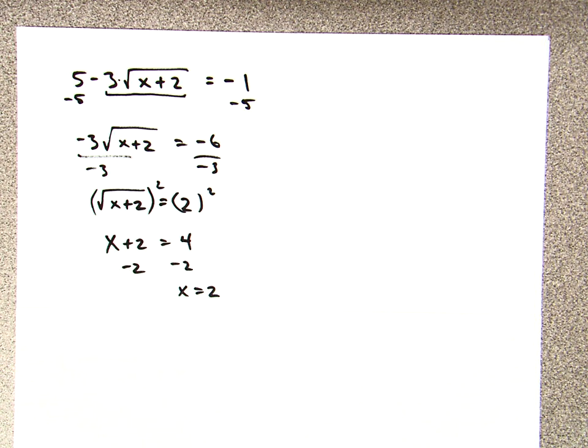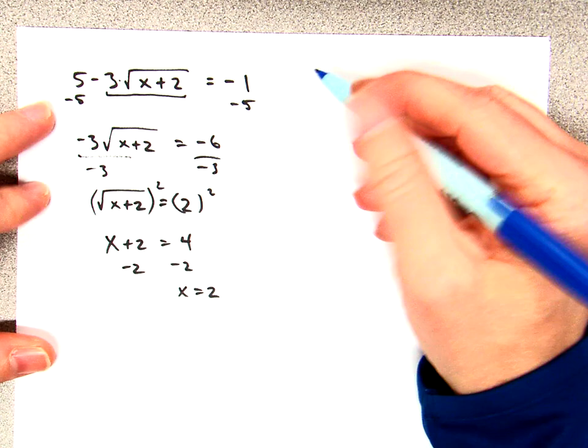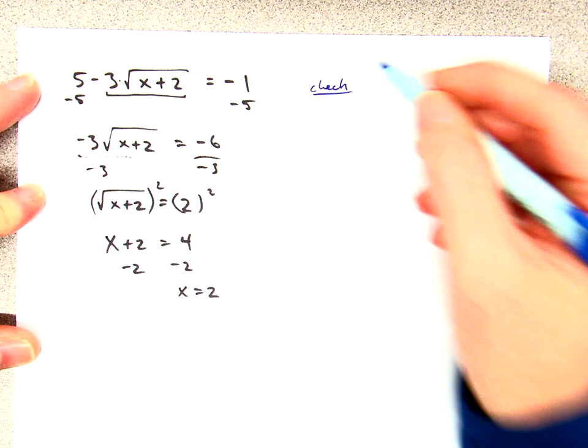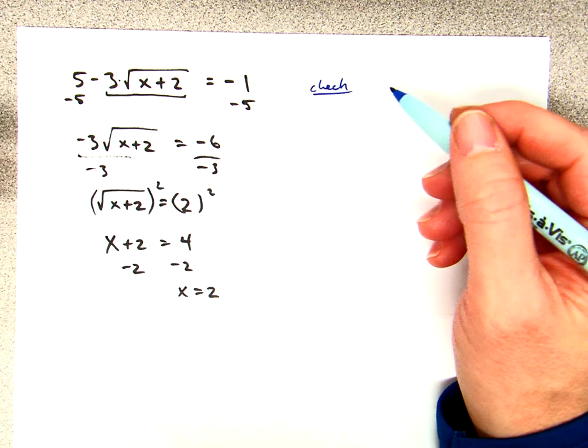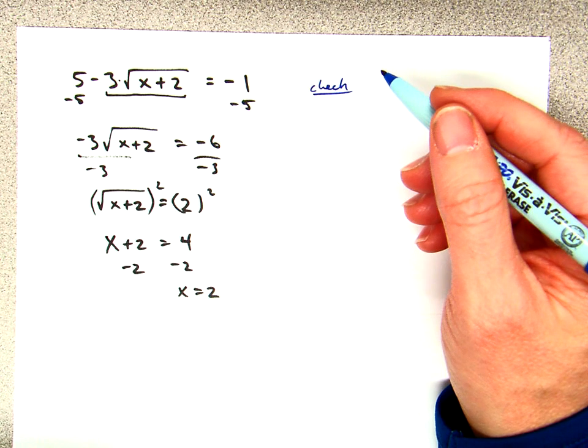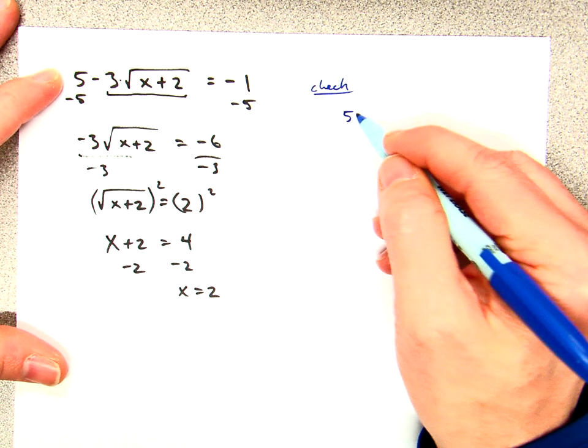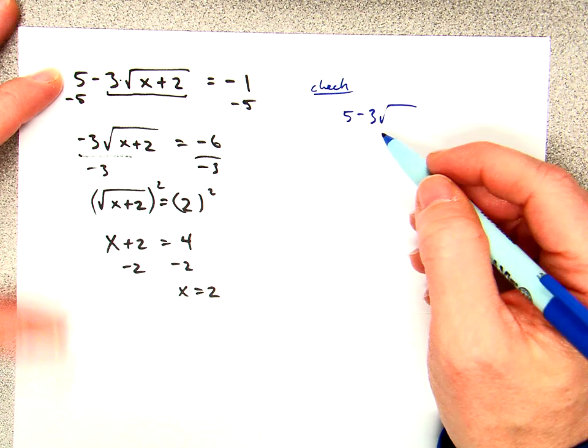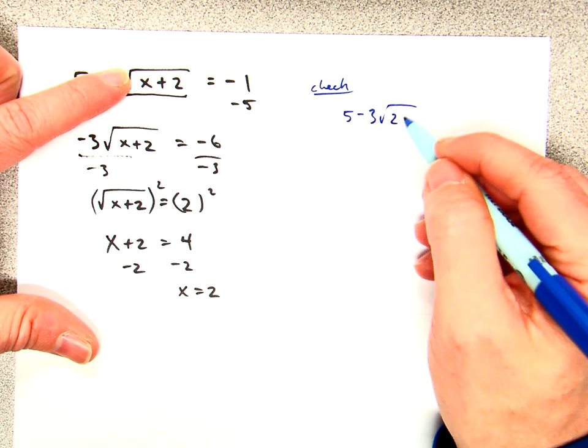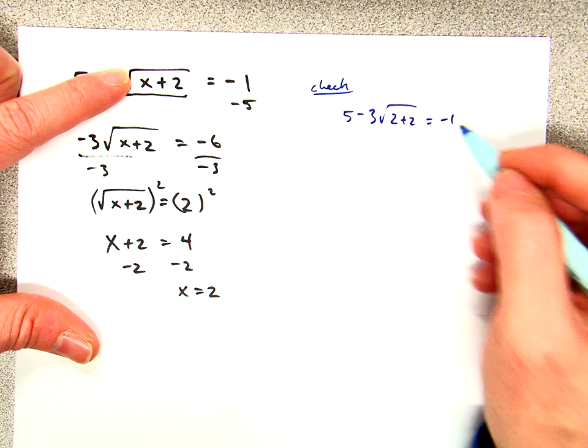But, like I said, we're going to check it in the original. If you can do it in your head, by all means, I'm just going to write it out so we're following along. So x is 2. I'm going to plug that in here.